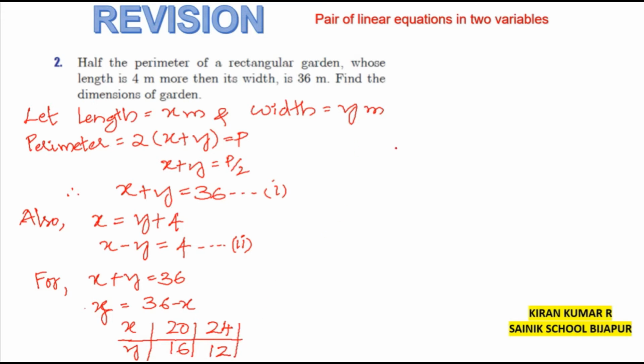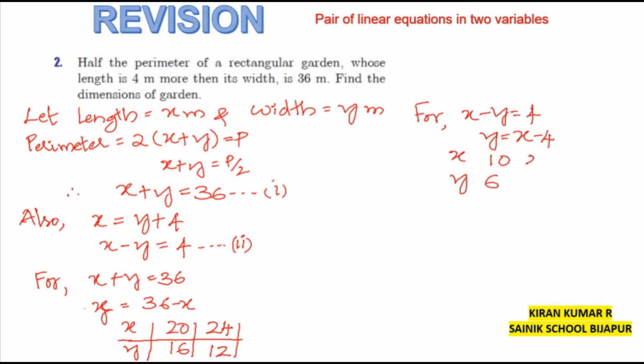Let me take up the second equation, x minus y equal to 4. I can write y as x minus 4. So when x is 10, y will be 6.